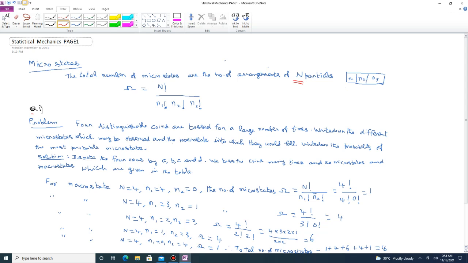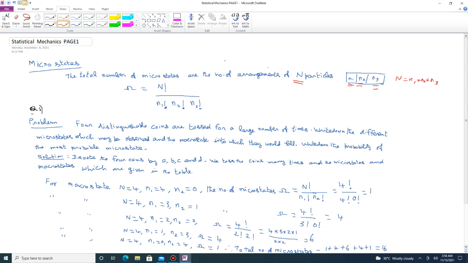Here we are considering 3 cells. So n1 particles are arranged in the first cell, n2 particles in the second cell, n3 particles in the third cell, so that the total number is equal to n1 plus n2 plus n3.